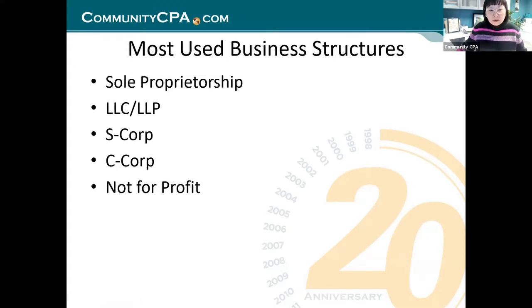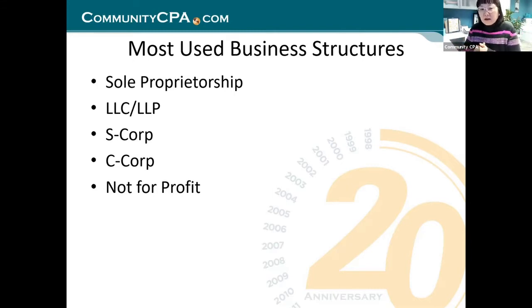I want you to envision those entities, the structures, as separate balls, separate from each other. Sole proprietorship is really part of your personal life. It is under your social security number and under your name.